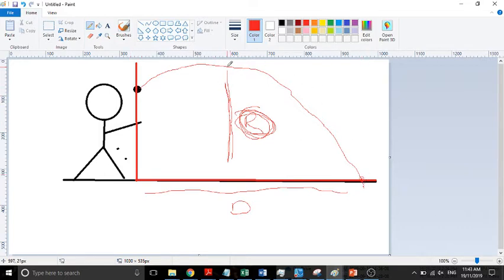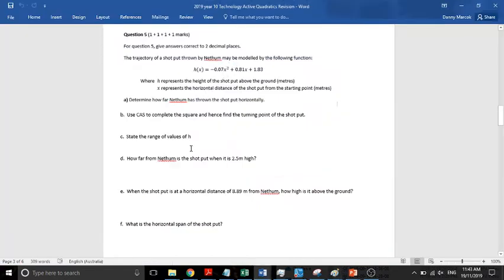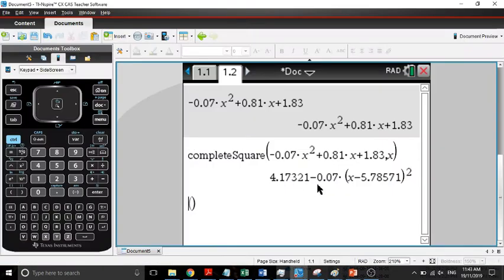What's the highest it can go? Like we found before, it was 4.17. So our range, we use a square bracket, 0 to 4.17, because it is inclusive. It has a minimum of 0 and a maximum of 4.17, which we got from our turning point. That's how we specify the range.